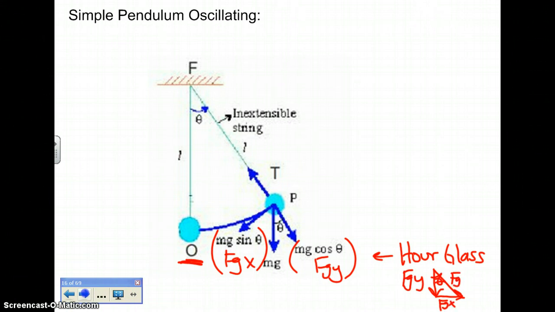Whereas this one then would have just been straight F of G. And then you would also have your force of tension that's working opposite direction of motion.